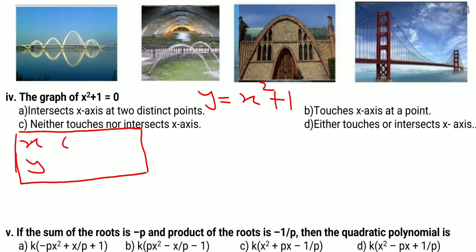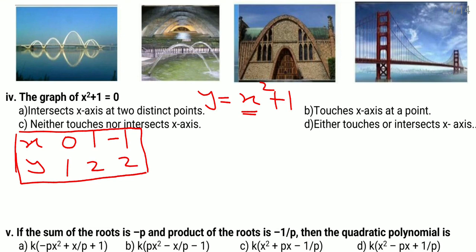If I take x equal to 0, this will become 0, so y is equal to 1. So here I'll write the value of y is 1. If I take x equal to 1, 1 square is 1, so 1 plus 1 is 2. If I take x equal to minus 1, minus 1 square is 1, so once again 1 plus 1 is 2.